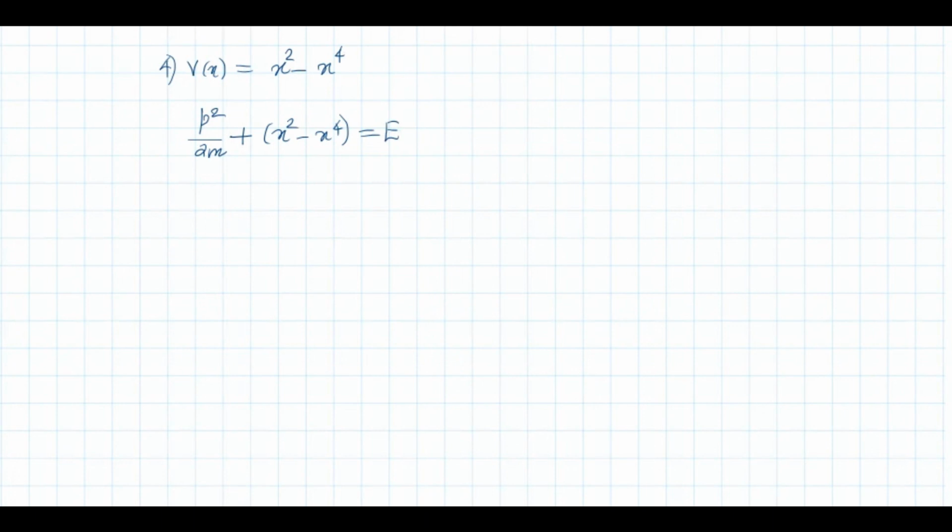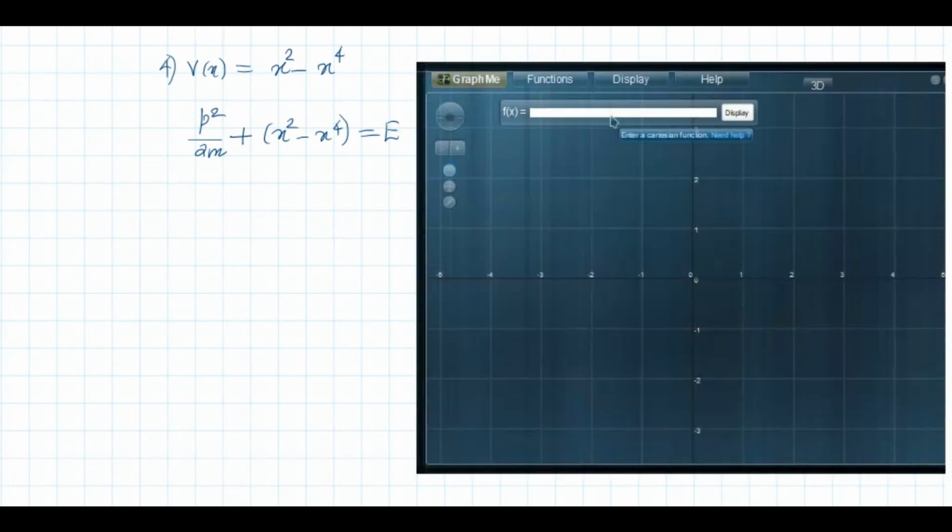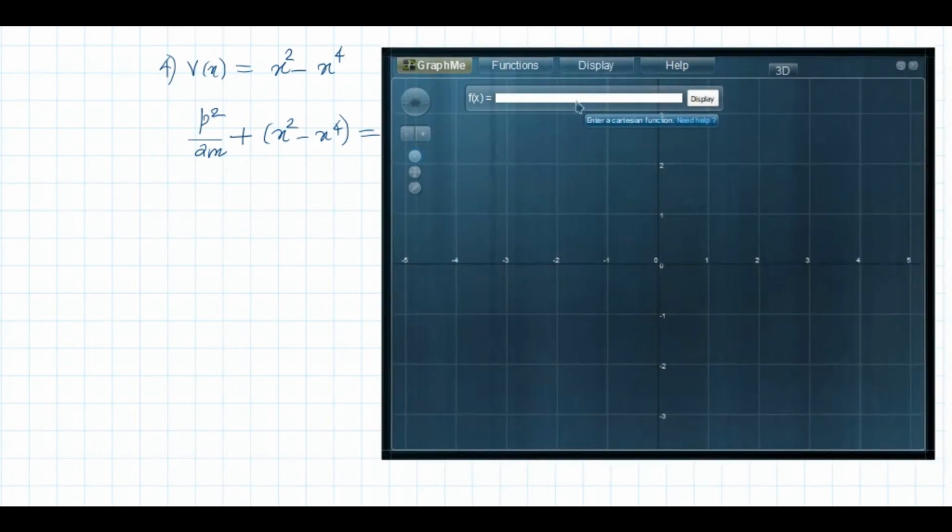First we can plot this potential energy curve. That is potential energy in this case. F of x is equal to x square minus x to the power 4.